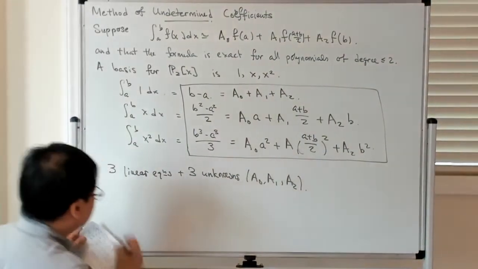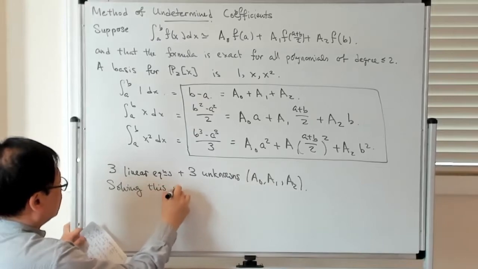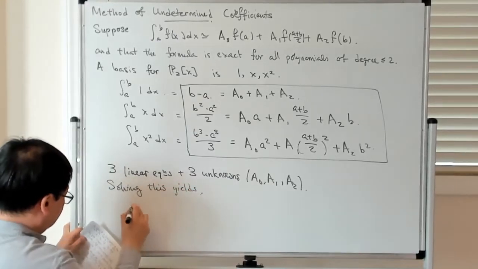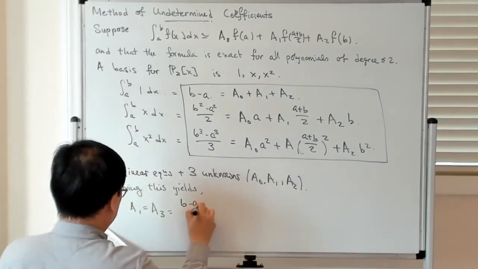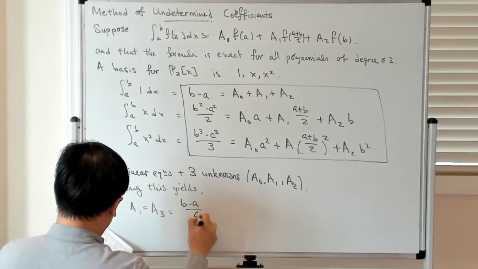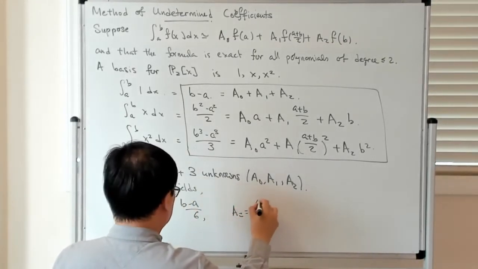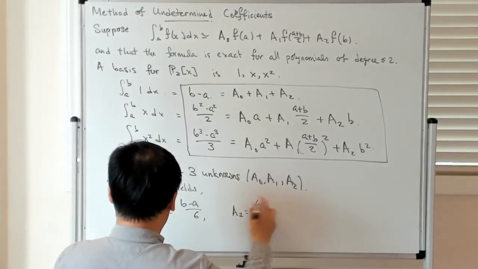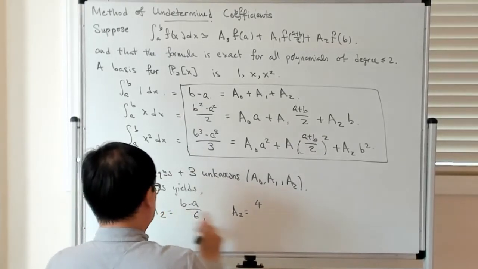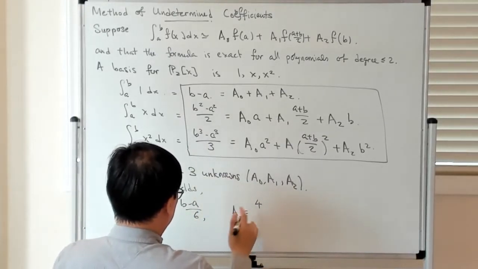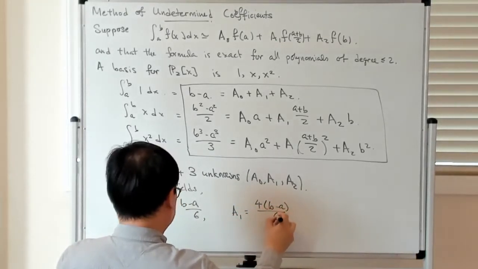And when you solve for this, you get the following: a0 is equal to a2 is equal to (b minus a) over 6, sorry about the numbering, and a1 is equal to 4 times (b minus a) over 6.